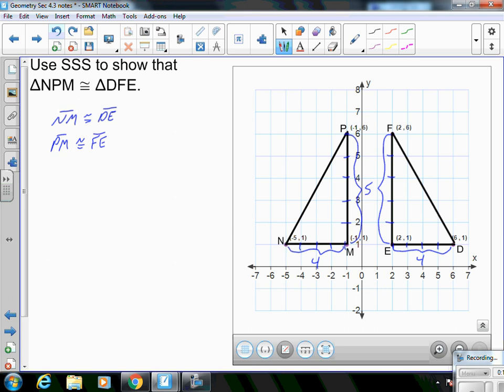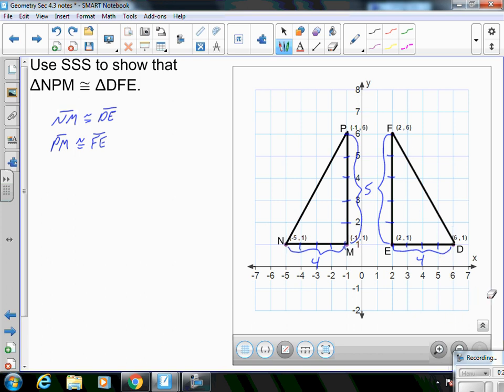So that gives us two sides that are congruent. So by side, side, side, we need to prove the third side. Which the third sides are not horizontal or vertical, they're slanted, right, at an angle.